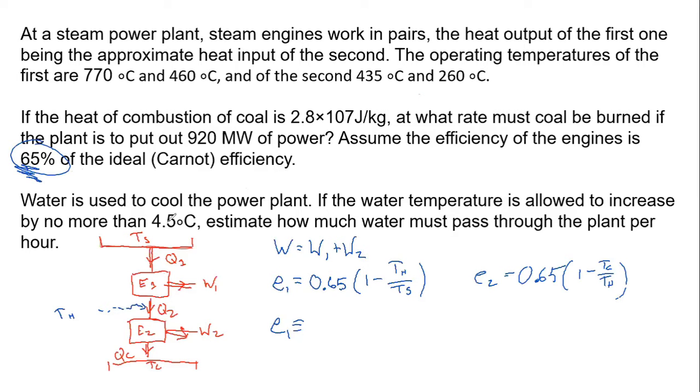Notice that it's never 65% or 0.65. It's not going to be greater than 1, so don't violate any laws of thermodynamics. Of Q hot or work, what needs to be on the numerator? Work. Yeah, so work 1 over, in our diagram, Q1. And then likewise, E2 is work 2 over Q2.